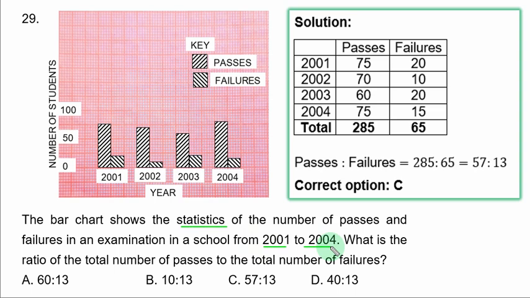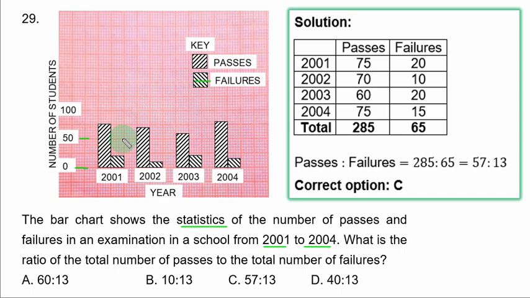So we get passes and failure. Now let's observe the frequency, number of students. From the origin 0 to this place is 2 cm on this graph. It means that 2 centimeters is 50 units, and that implies one line is 5. You have the key here. This is for passes and this is for failure.